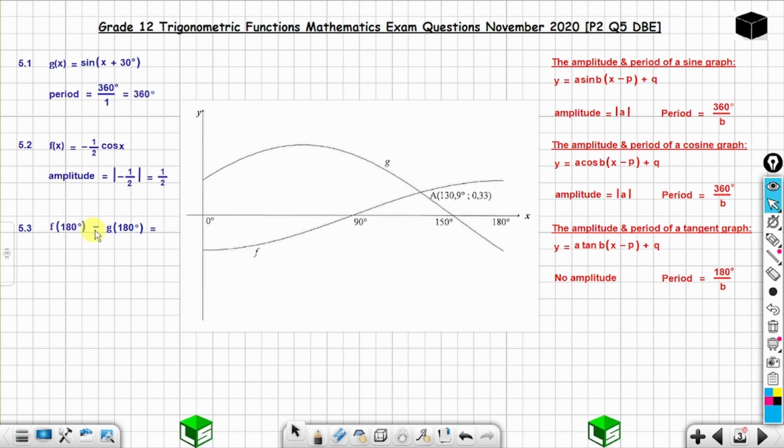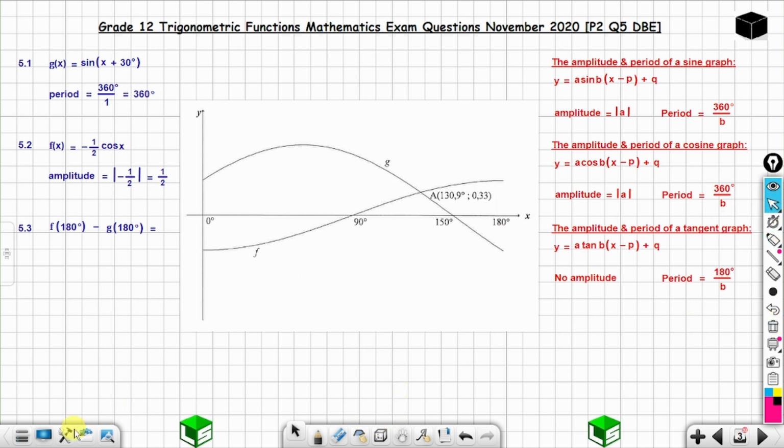Let me show you: it is this vertical distance. The simplest thing to do is to plug 180 into f, minus plug 180 into g, and you have your answer. Let me do that.